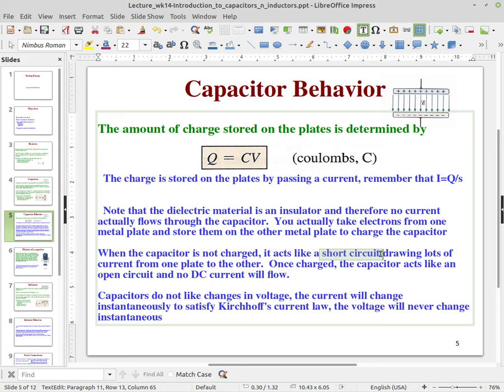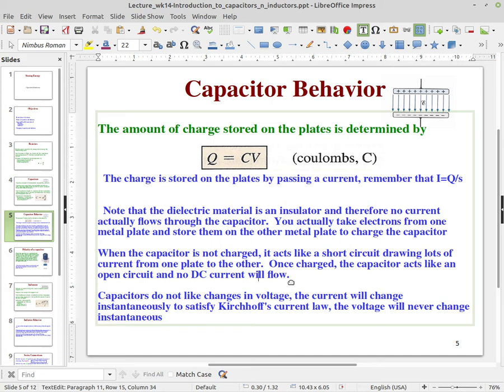Once they get charged, however, the capacitor acts like an open circuit and no DC current will flow. Okay, so no direct current will flow. Once it's charged, it's going to stay charged theoretically forever.